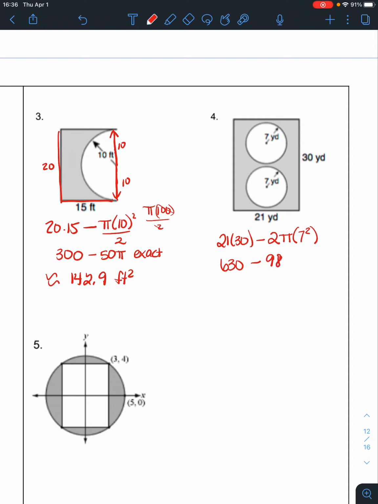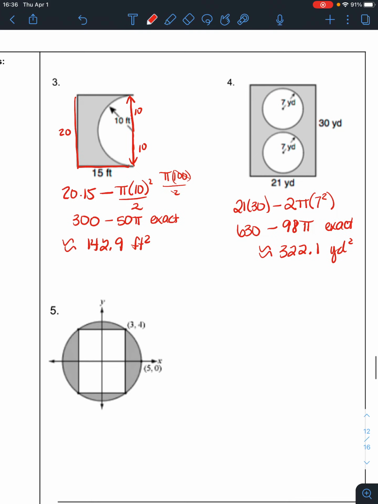So it's 630 minus 49 times 2 is 98, and then that would be pi. That would be exact if I asked for exact answers. But since I said to round to the nearest, I'm going to type it in. So 630 minus 98 pi is approximately 322.1 square yards, or yards squared.